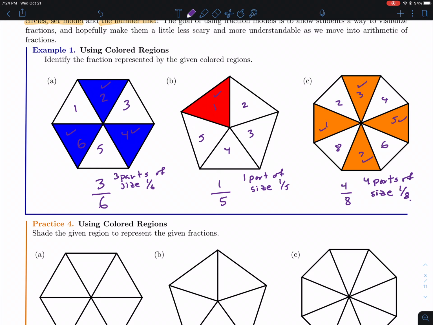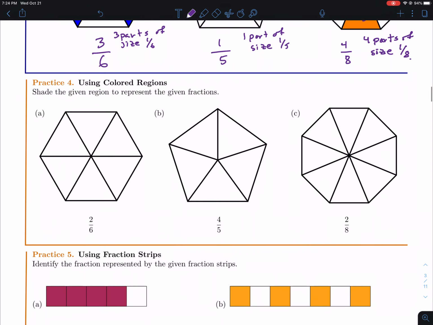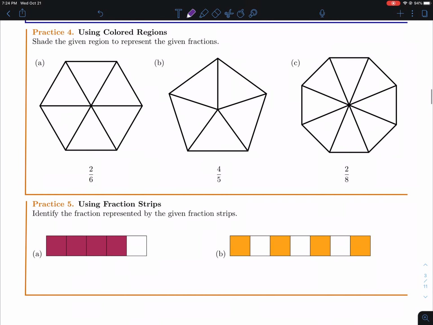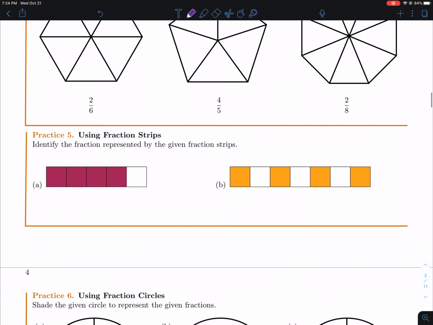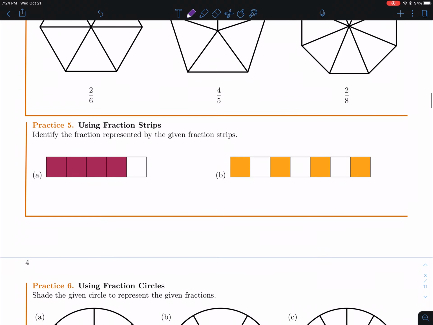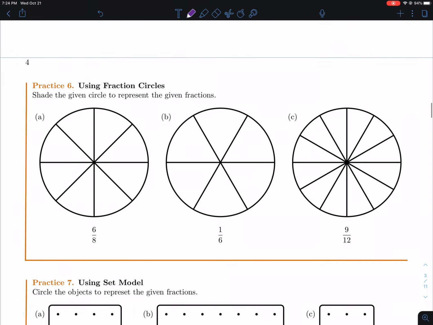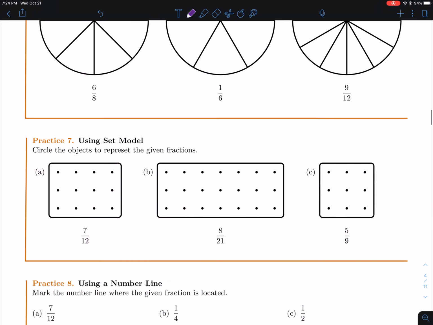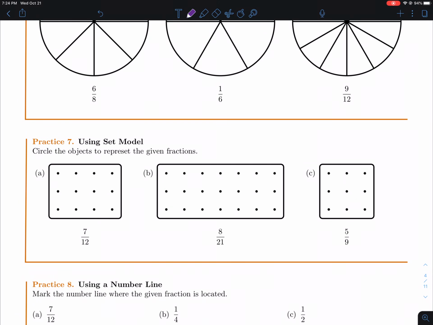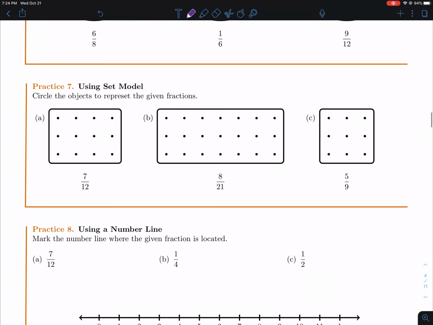All right, so I left the next couple for you guys to actually work on. In this one, we've given you the colored regions, and you have to shade them in. Then we've got one with fraction strips, where we're going to identify what the fraction is based on what's shaded in. Then we're going to do the same thing with fraction circles, shade in the required region. And then we've got set model, where we're going to circle. So in this case, I'm just going to have you circle the objects that are in there, so circle 7 out of 12, 8 out of 21, 5 out of 9.